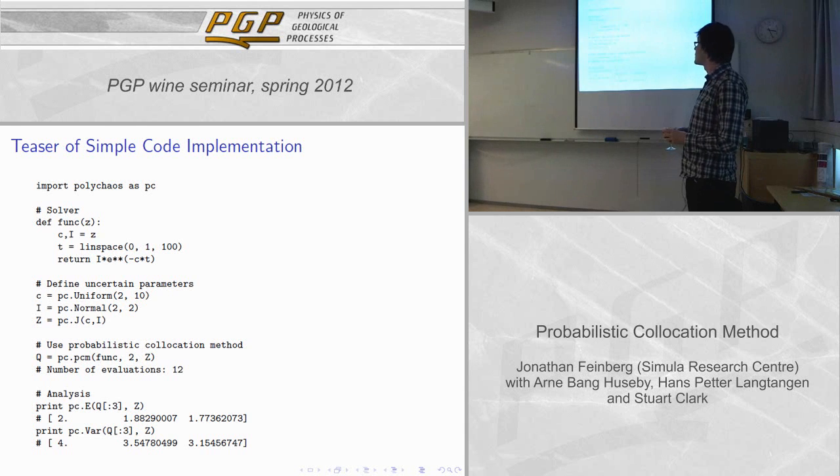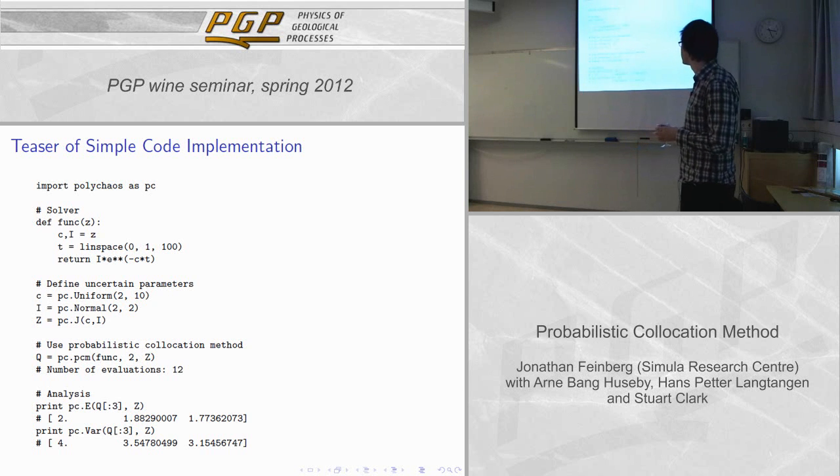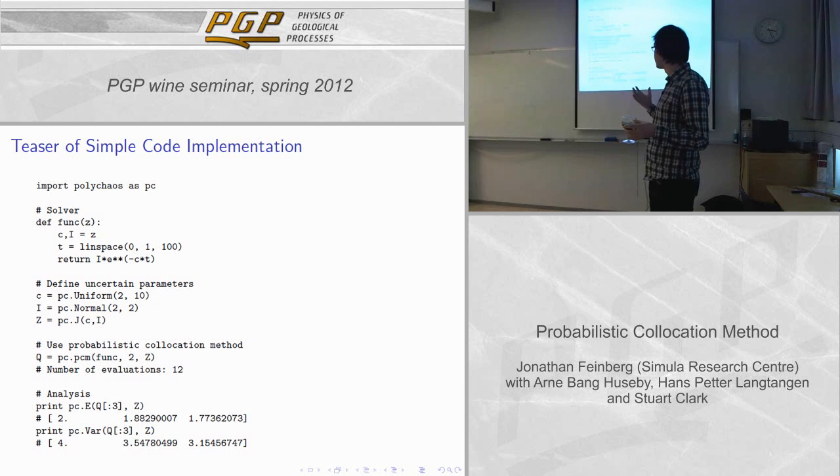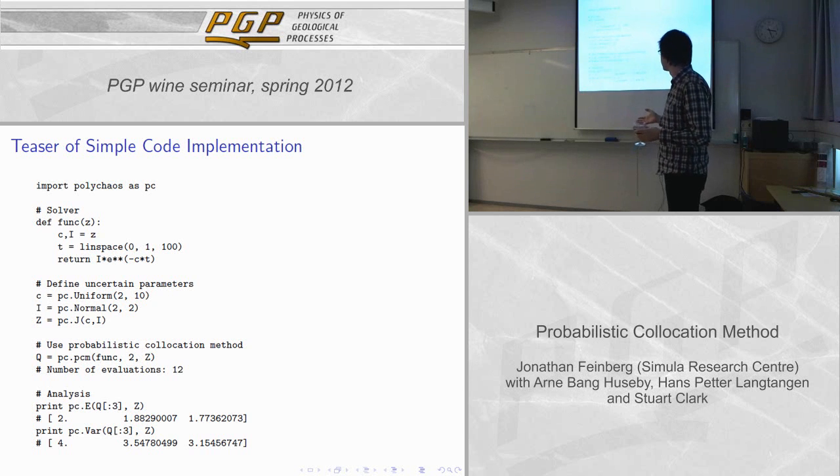Then I define my uncertain parameters. I don't go into details of why I chose these specific distributions. I just did because they look nice and they're different from each other. So a uniform density function between 2 and 10, and a normal distribution defined at the mean 2 and the standard deviation 2. So think of this as we're expecting it to be 2, but with an error margin of 2, so from 0 to 4 in a sense. Then I join them together with a joint operator.